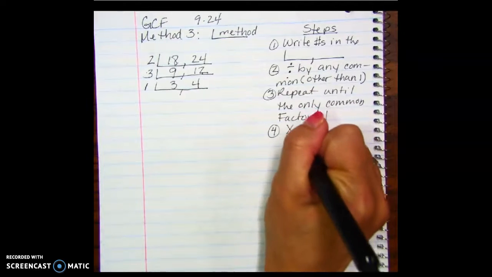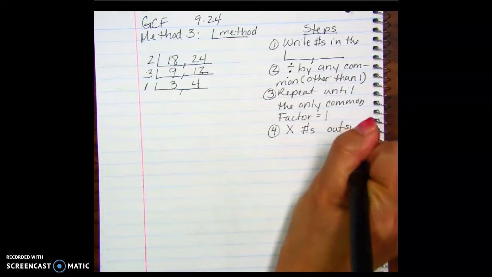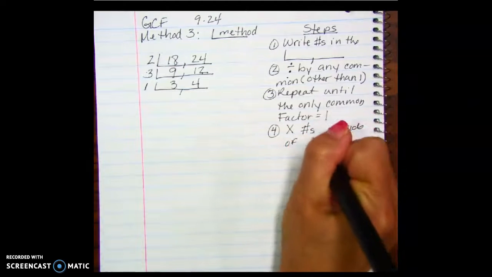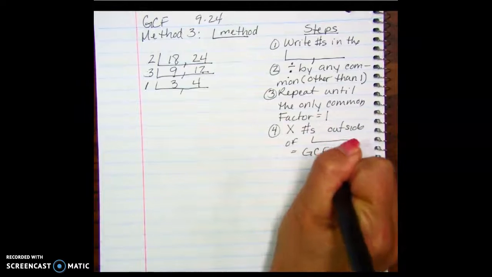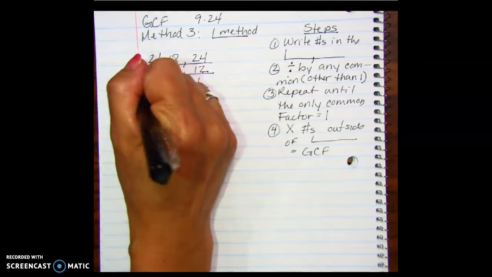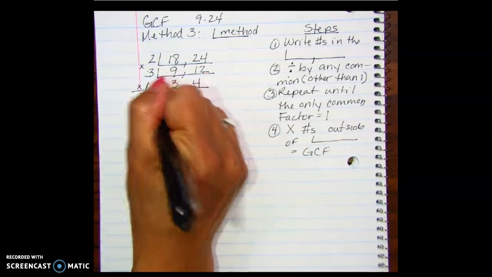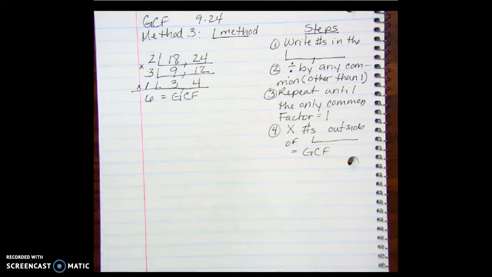You multiply your numbers outside of the L, which equals your greatest common factor. So 2 times 3 is 6, times 1 is 6. Beautiful.